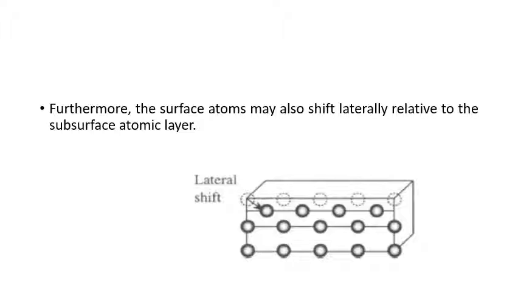In lateral shifting, the atom gets displaced on the top surface relative to the second layer. So this is another aspect that can also be understood.